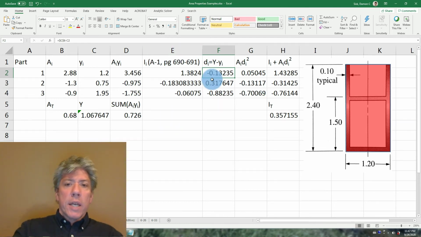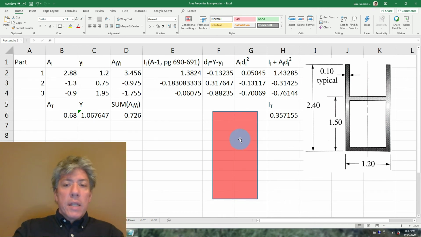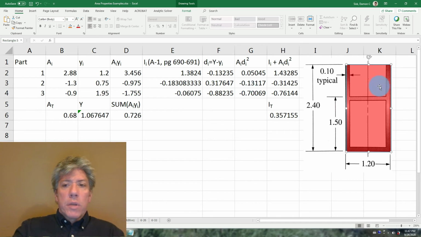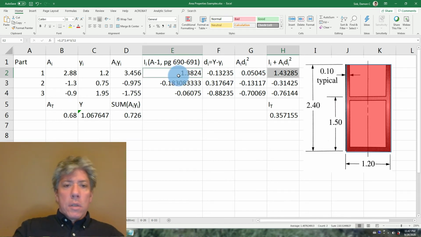So it's not much of a surprise that the moment of inertia, or the second moment of area, of this outline shape that I'm dragging around is pretty close when referenced to the centroid of the overall shape, because the two centroids are so close together. They're not very far apart. So these two numbers, the second moment of area of the outline area referenced to its own centroidal axis versus the centroidal axis of the overall shape, are roughly the same.